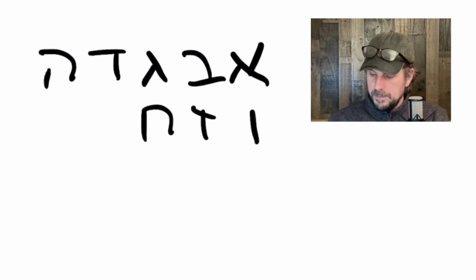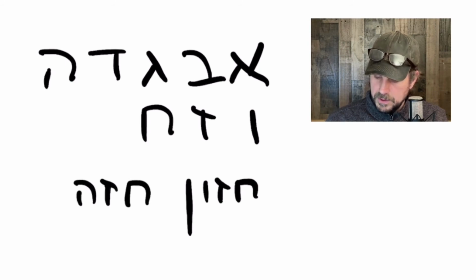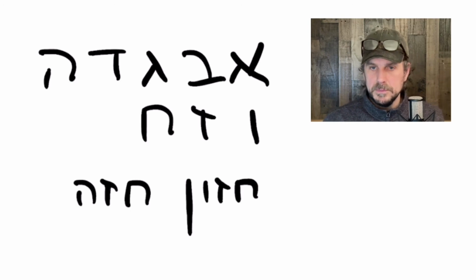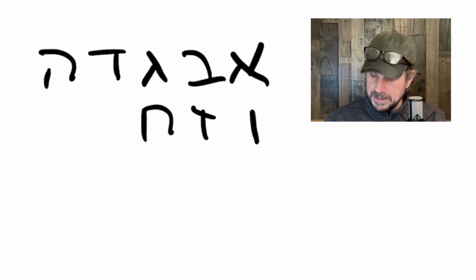So even though our word today, Chazon, and Chazah, he saw, vision he saw, start with the letter Chet, in the alphabet Zayin's first, then Chet. So Zayin's the 7th letter. Chet is the 8th letter.